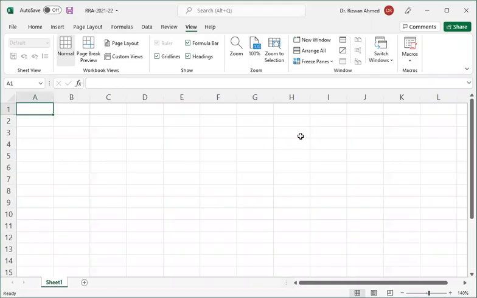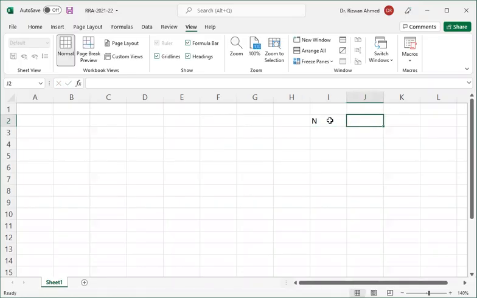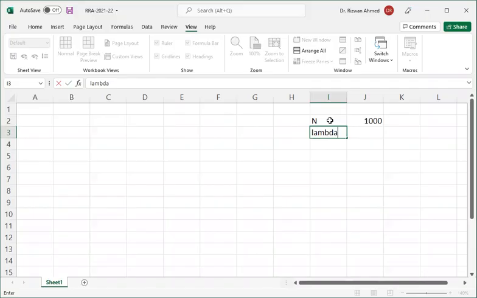So suppose that we are going to start with, say, n equal to, say, 1000, right? And let me take the lambda value equal to 0.03, right?